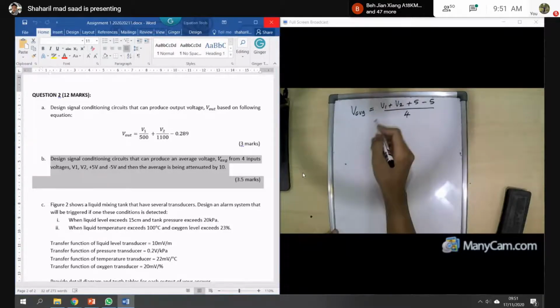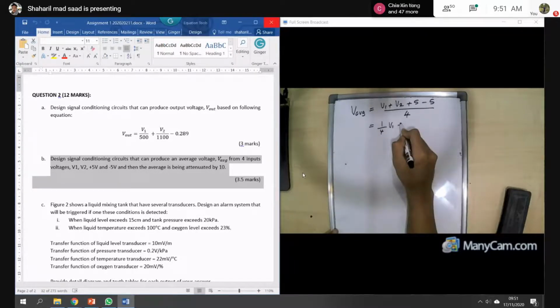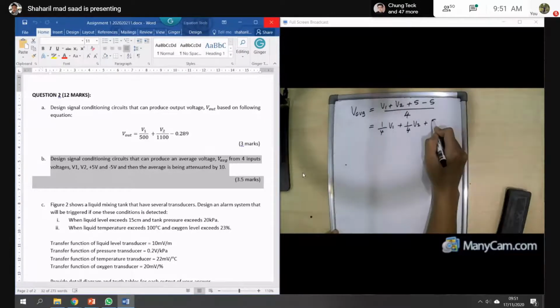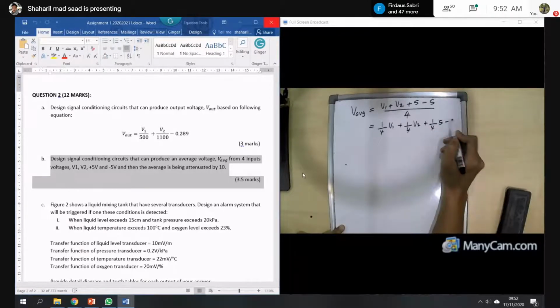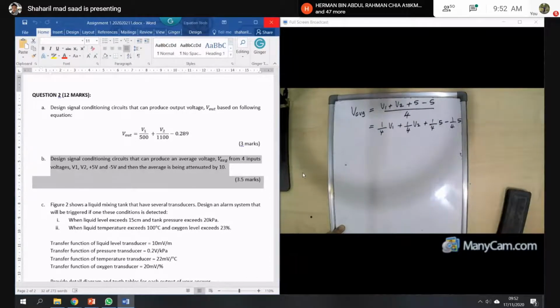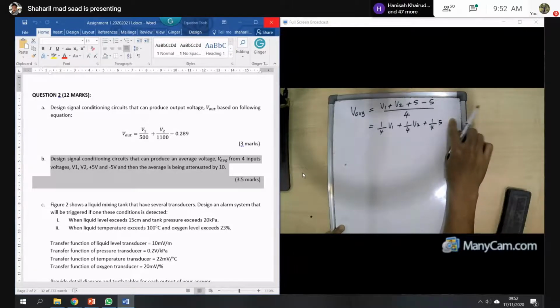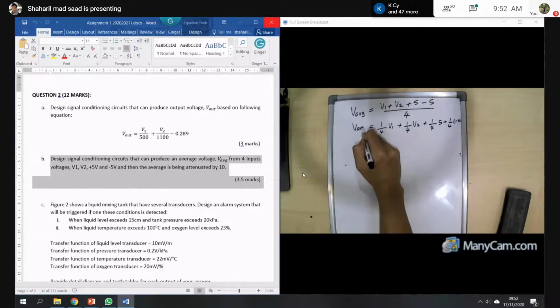You can divide it as 1 over 4 V1 plus 1 over 4 V2 plus 1 over 4 times 5, or plus 1 over 4 times minus 5. So this is the V average.